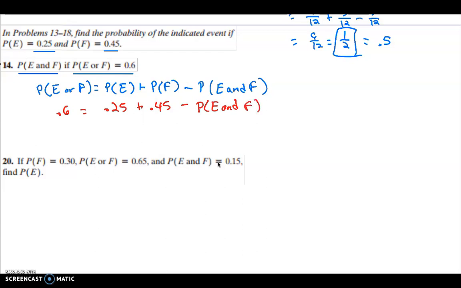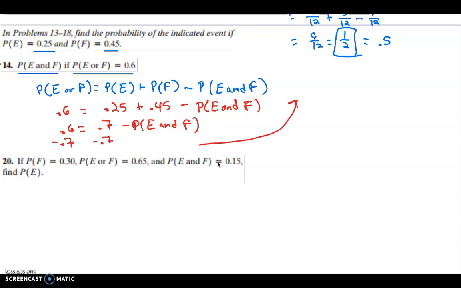And now we just have an algebraic equation that we can solve here. So this will be 0.6 equals, if I add 0.25 and 0.45 together, that's 0.7 minus the probability of E and F. Okay, so then I'm going to subtract the 0.7 from both sides of my equation.